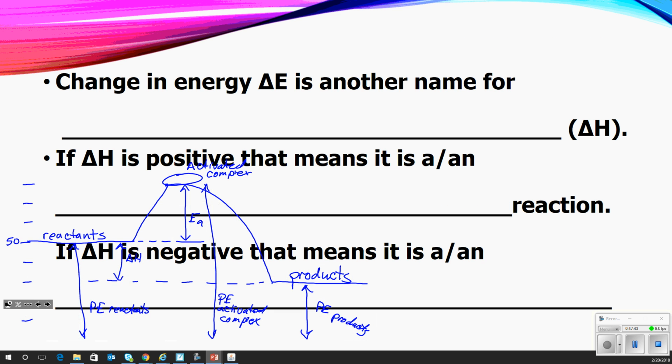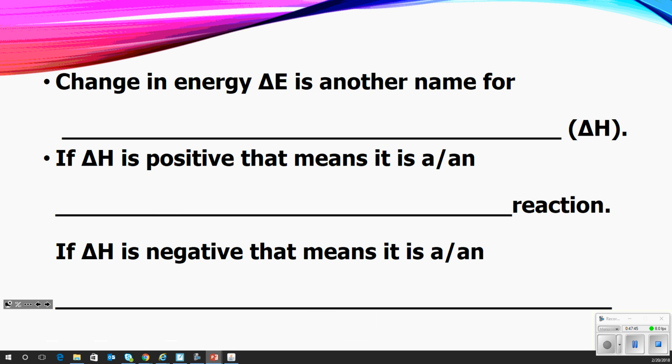Okay, going forward. So change in energy, delta E, is another name for delta H. What was the name of delta H? Do you remember? So this is actually called enthalpy. So delta H is a special word for enthalpy. It's heat, okay? If delta H is positive, what kind of reaction is it? So if delta H is positive, it's going to end up higher.